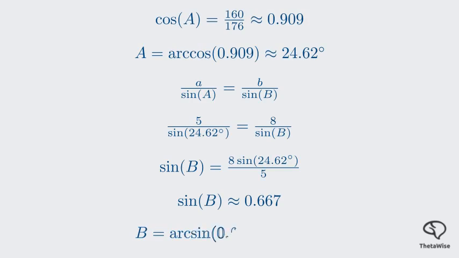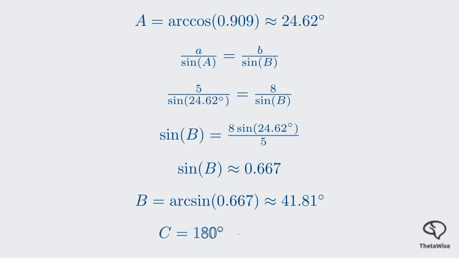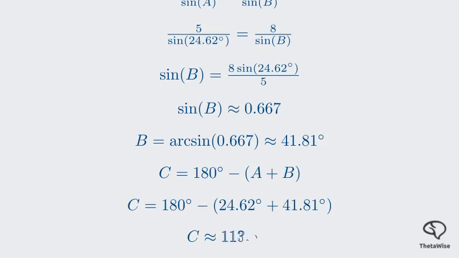This gives us approximately 0.667. Taking the inverse sine, we find that angle B is approximately 41.81 degrees. Finally, we find angle C by subtracting the other two from 180. Angle C is 180 minus 24.62 minus 41.81, which is approximately 113.57 degrees.